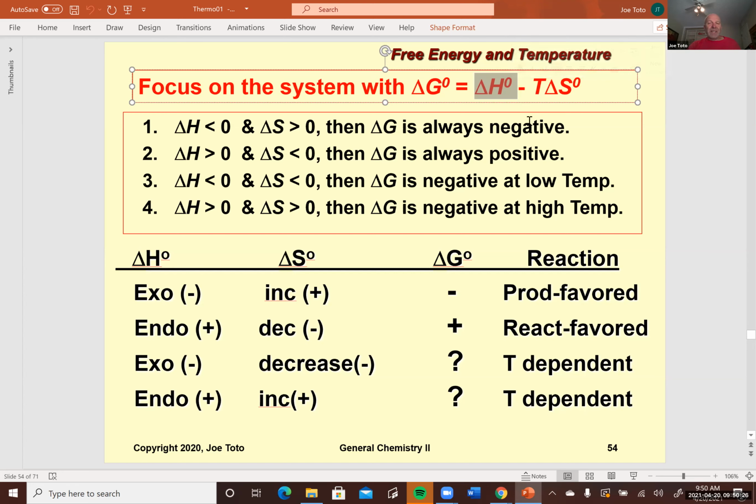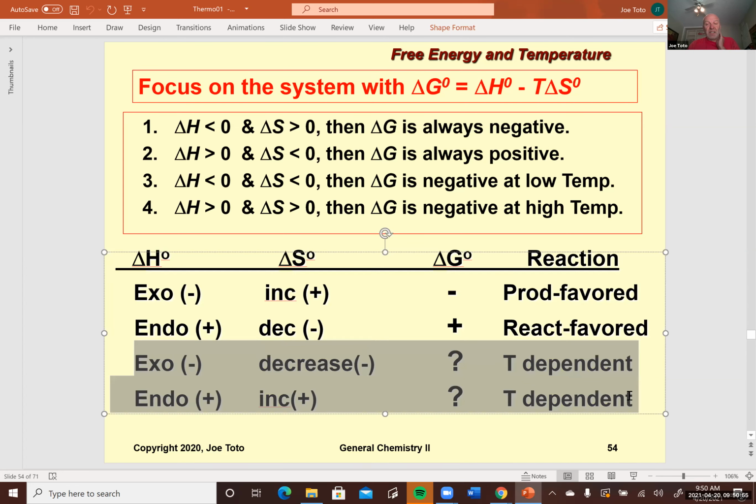And whichever one has the higher magnitude is going to win at that temperature. So you can see that there must be a temperature that's so low that this term is going to win out. And conversely, there's probably a temperature that's high when this whole term over here is going to win out. So it's a balancing act between those two terms when delta H and delta S have the same sign.